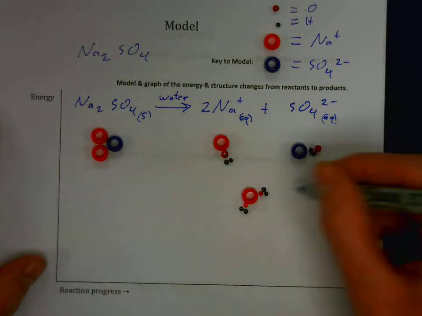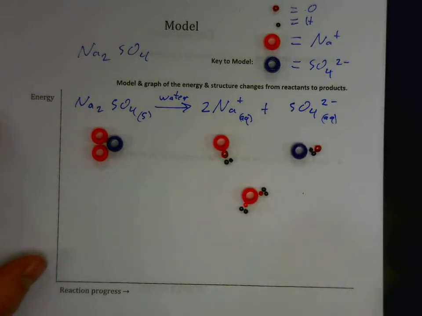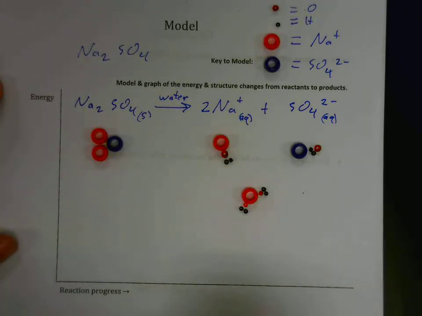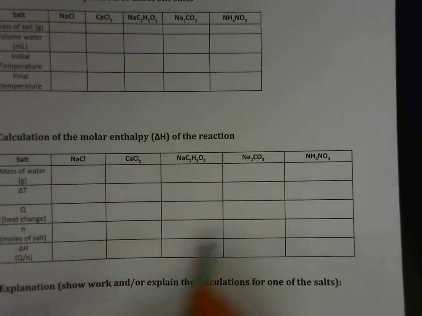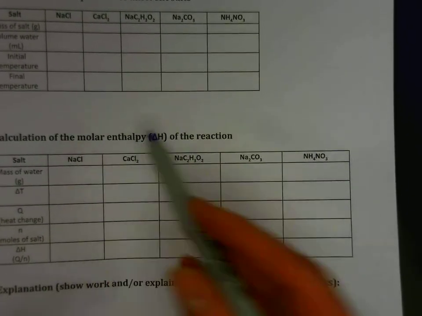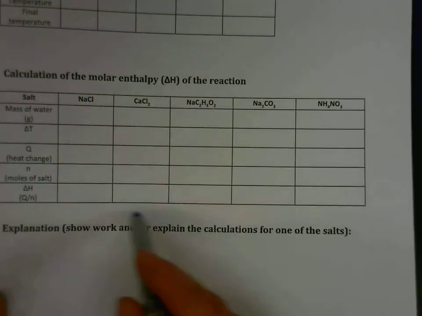So we do the physical model as is shown here, and then there's one more thing that we need to do. We need to show the energy change. So the energy change, using your calculations, so you calculated the molar enthalpy of the reaction. That was this part right here.